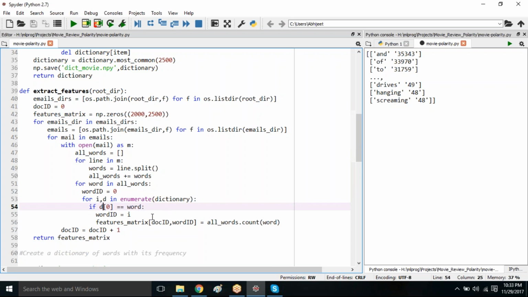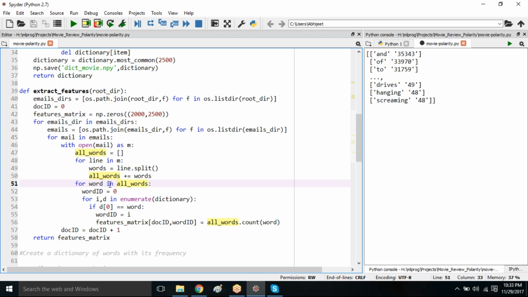So what we do is, in that feature vector matrix, for that particular word, how many times it has come in that file, that count will be stored. Like that, for all the 2000 files, it will be stored like this.